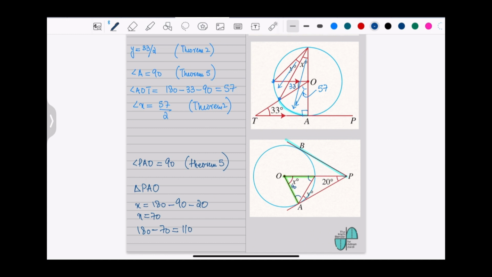Both the angles are the same, and if I divide by 2, that gives you 55 degrees each. So this is 55 and this is 55 as well. Since this angle was 90, if I subtract 55 from it, I will get 35 degrees. So y is going to be 35.